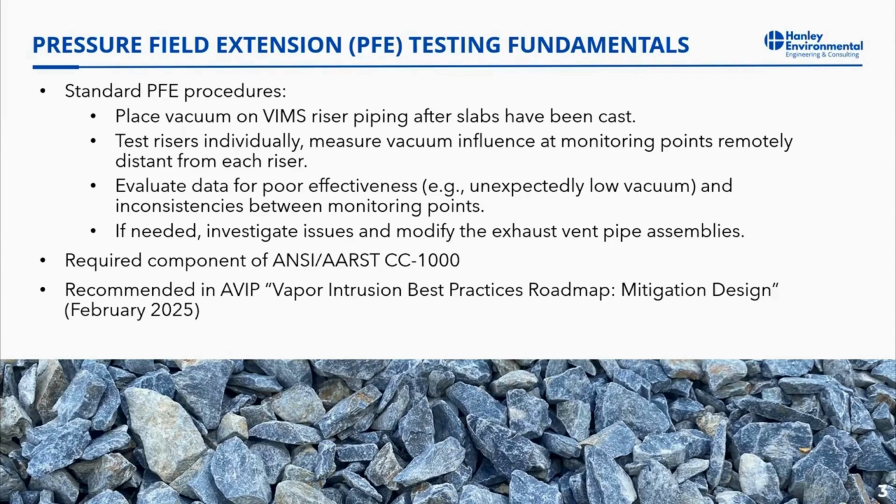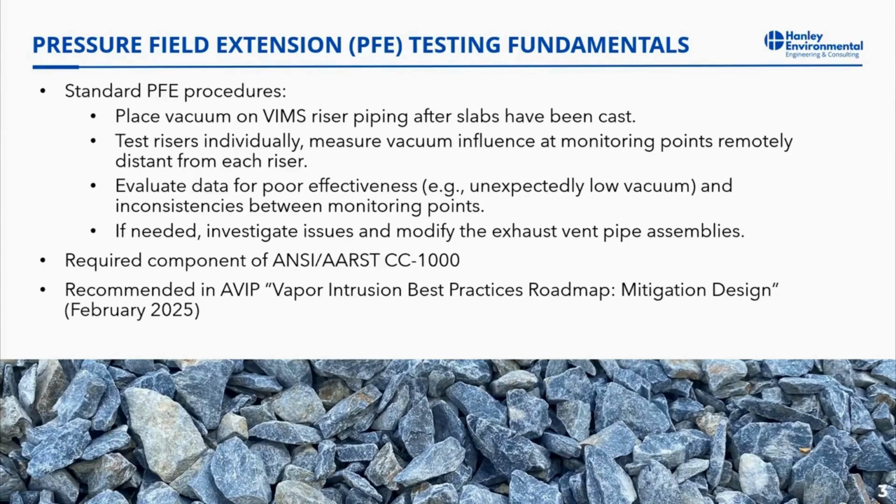We'll use that data to confirm that the system can be effective and provide vacuum influence throughout the slab, and also to look for things like inconsistencies and issues with the venting system.